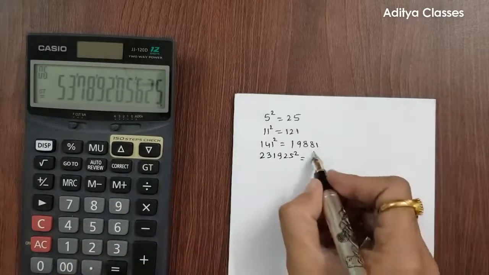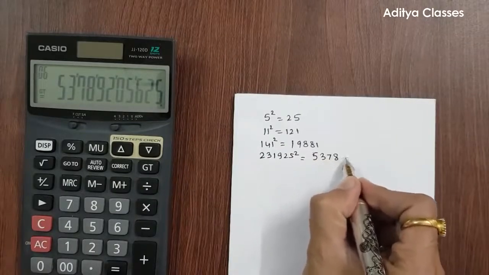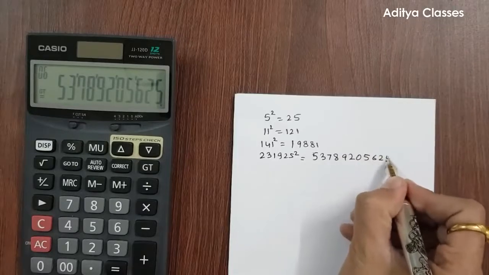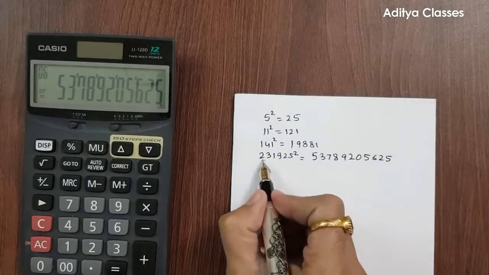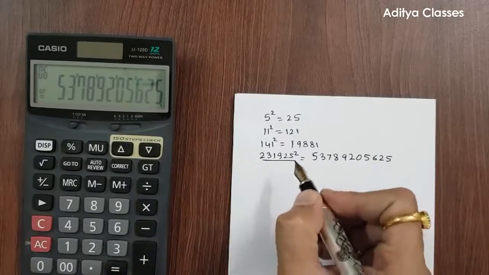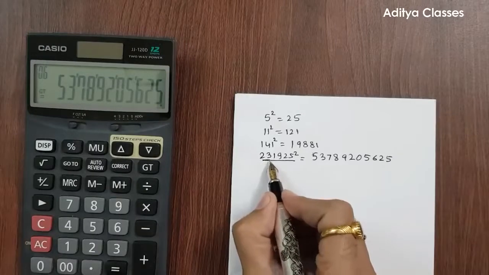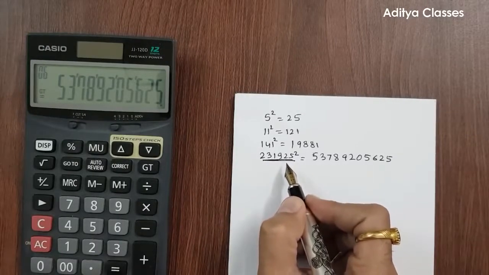This gives me 53789205625. So numbers can get very big and it becomes tedious and even confusing and error prone when you type such big numbers twice. So we'll learn a technique where we could speed up the operations.